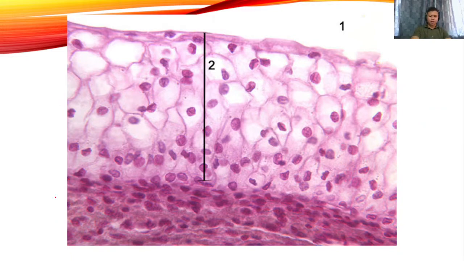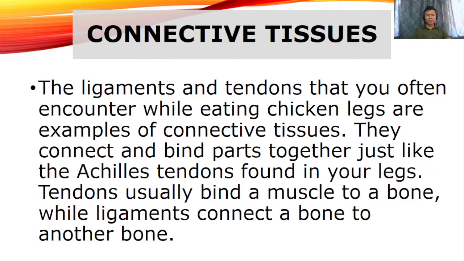Moving forward, let's now proceed to another type of tissue. So here we have connective tissues. When you talk about connective tissues, they usually link muscle to bone, bone to bone, or muscle to muscle. The ligaments and tendons that you often encounter while eating chicken legs are examples of connective tissues. They are usually found at the tip of the drumstick.